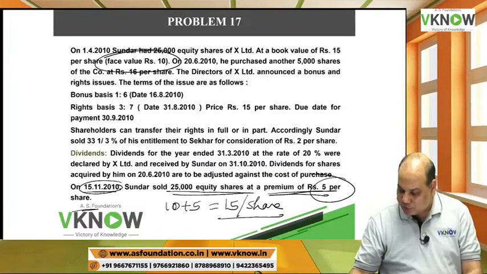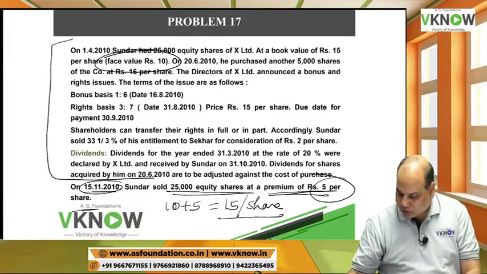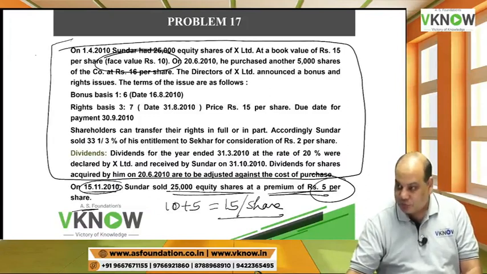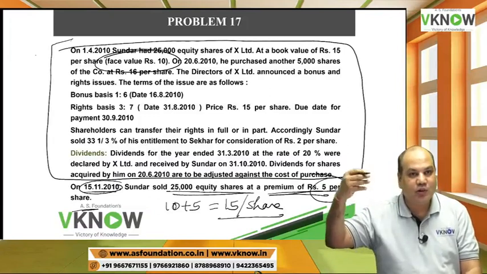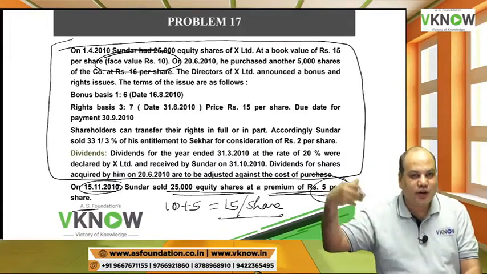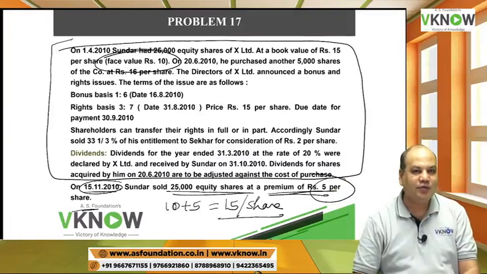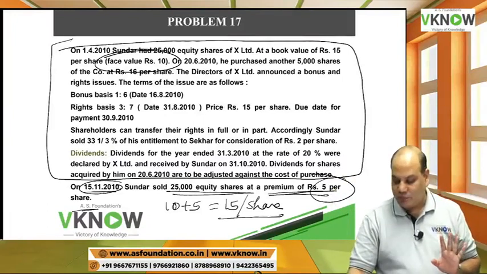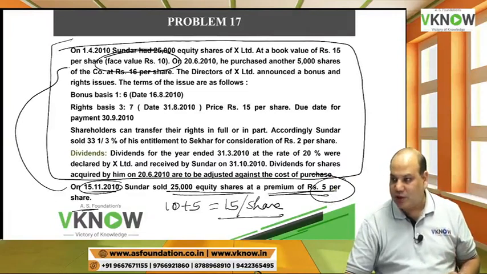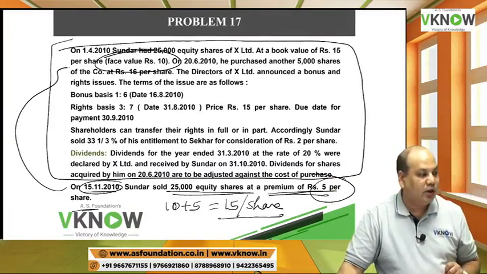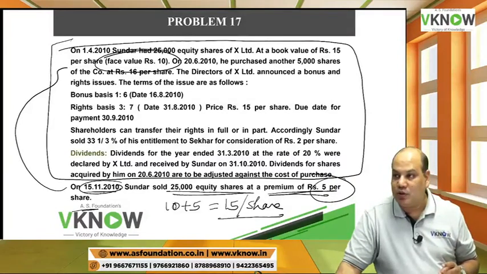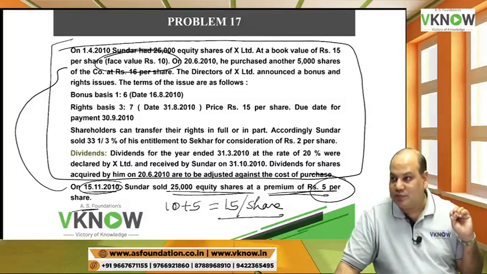The sale took place after all these transactions. Yes or no? The sale took place after purchase, bonus, right, dividend. So my life is easy. If the sale had taken place somewhere in between, then my average cost calculation would have to be done twice.